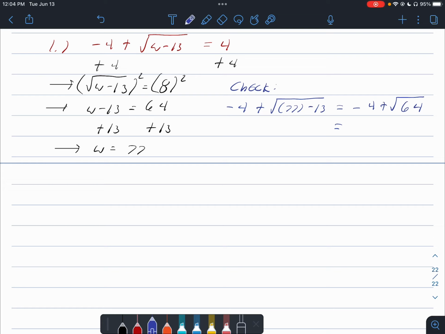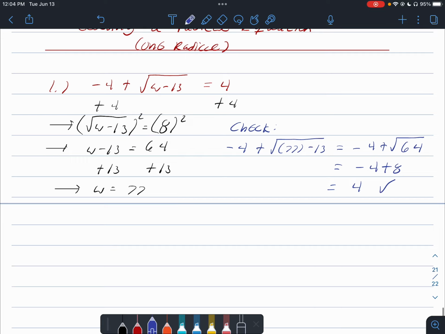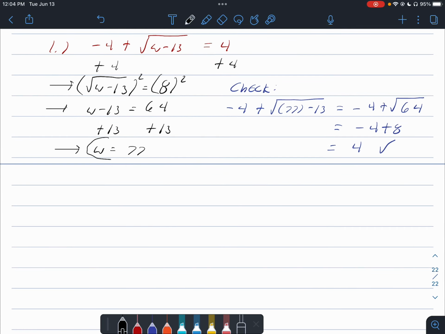In this case, we have -4 plus 8, which will be equal to 4. So our solution makes sense. We know that w equals 77 is a valid solution for this equation.